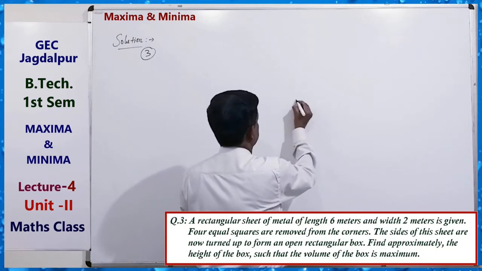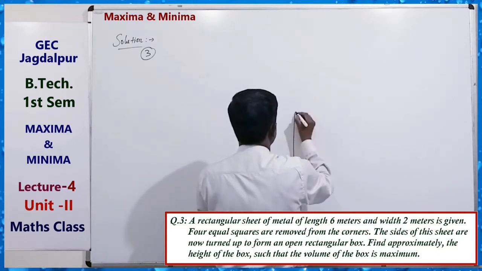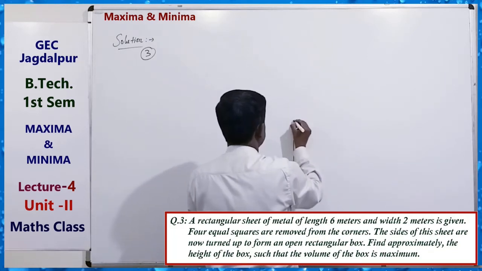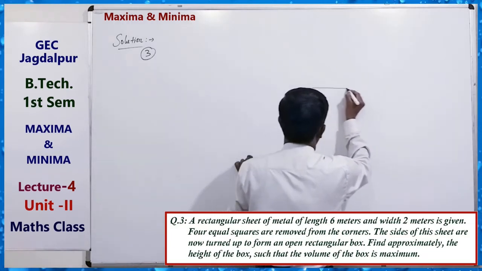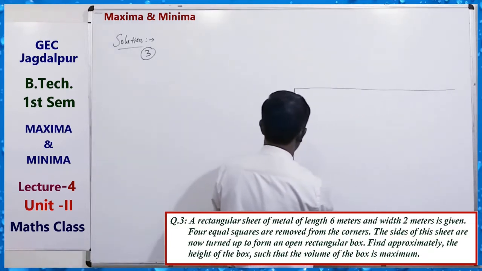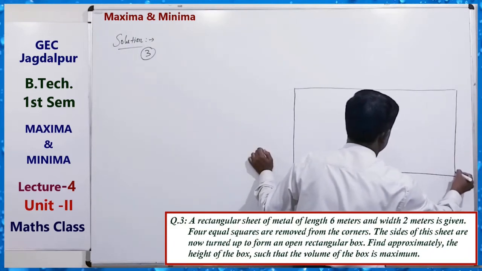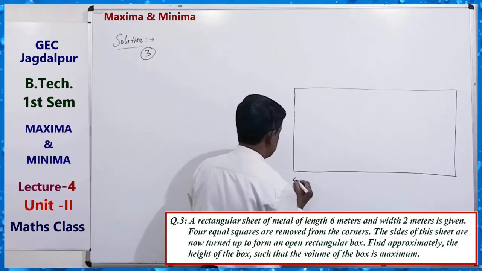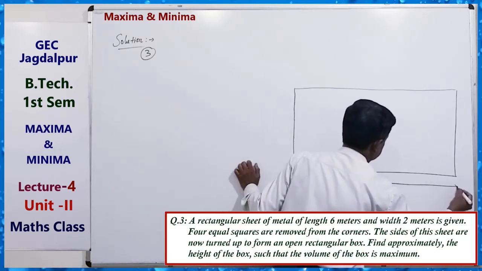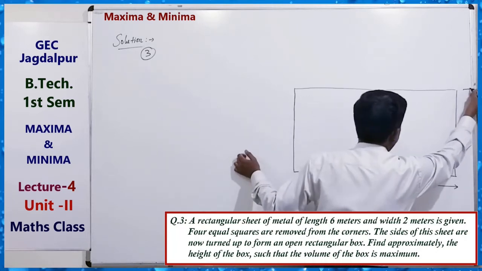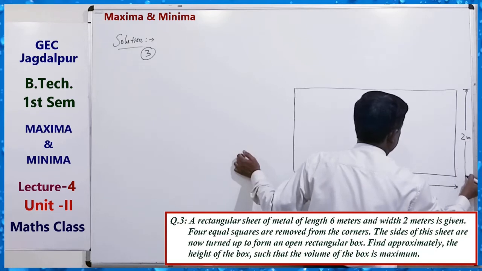Rectangular sheet means, suppose we are having a rectangular sheet like this. Its length is 6 meters and its width is 2 meters.